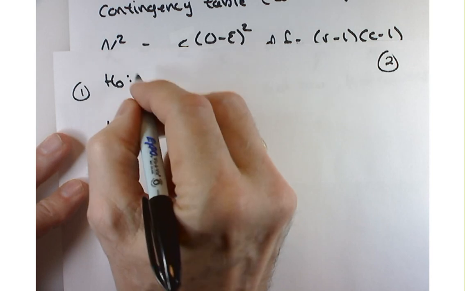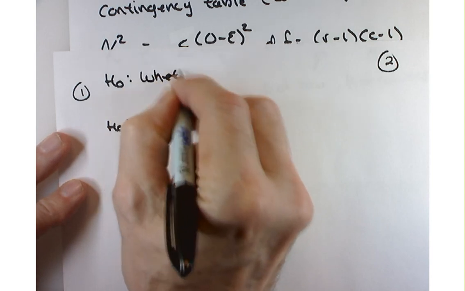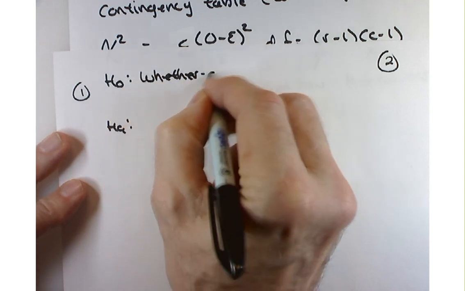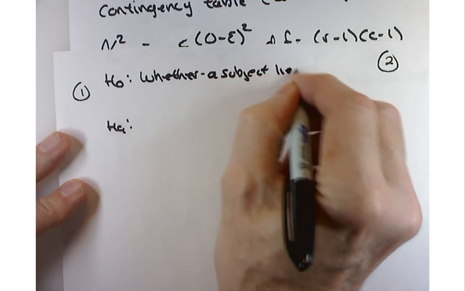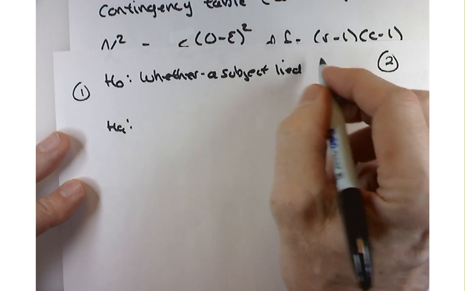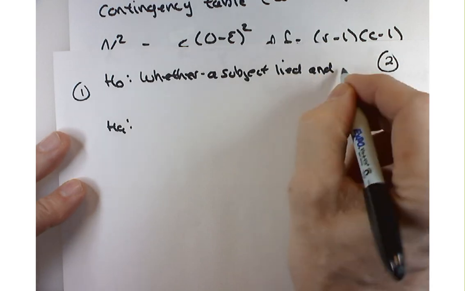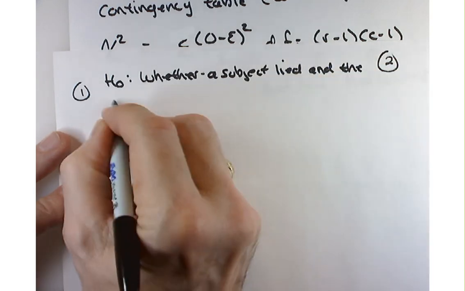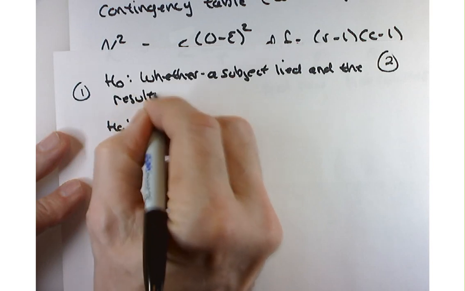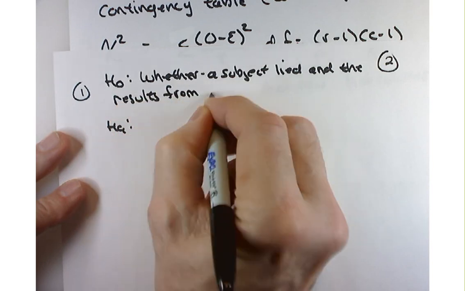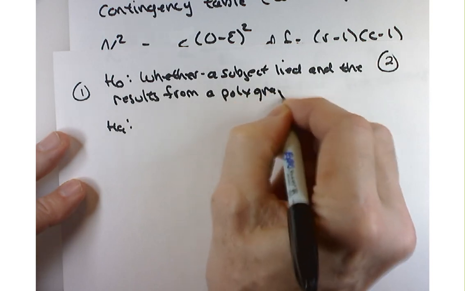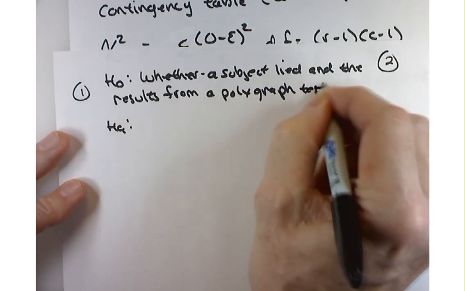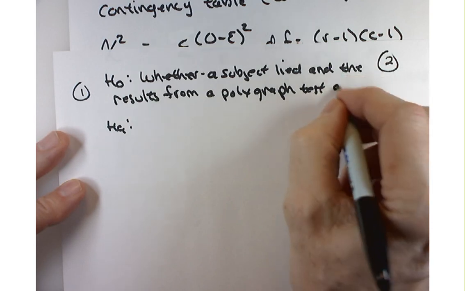H0 is whether a subject lied and the results from a polygraph test are independent.